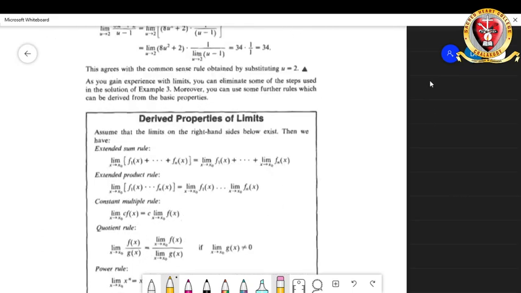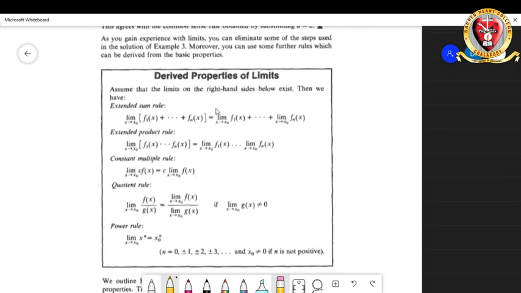And also we can extend our basic properties of limits to n numbers. Earlier we said if we have f of x and g of x, you can just extend it to n functions, f1 of x plus etc. plus fn of x, and then we can split the limits, and that's called the extended sum rule. Also we can extend the product rule, and the constant rule can be extended as the constant multiple rule.